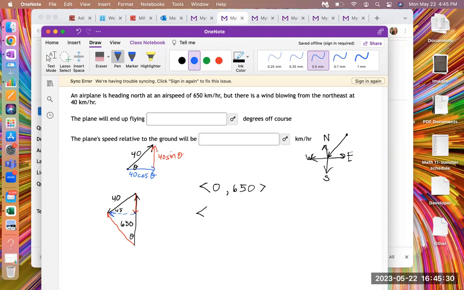We have the horizontal component of that 40 vector, and then we have the vertical component, and this is going to be 40 sine theta, sine of 45. And the horizontal component is going to be 40 cosine of 45. Actually, notice because it's going down, it's going to be negative, and because this is going left, it's going to also be negative.